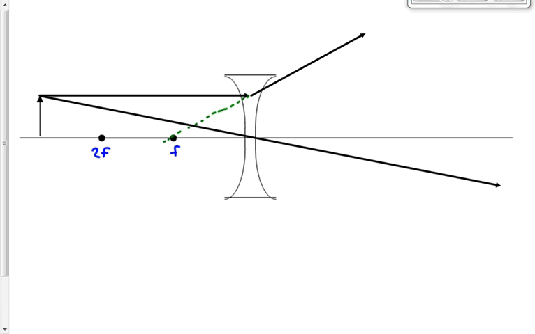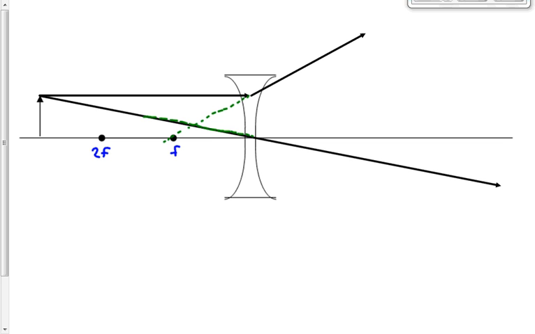If we extend this second ray back along itself, like this, then you can see that 2 dotted lines still intersect, right? Now we know for sure that this is a what kind of image? We know for sure it's a virtual image now because it's 2 dotted lines that intersect.